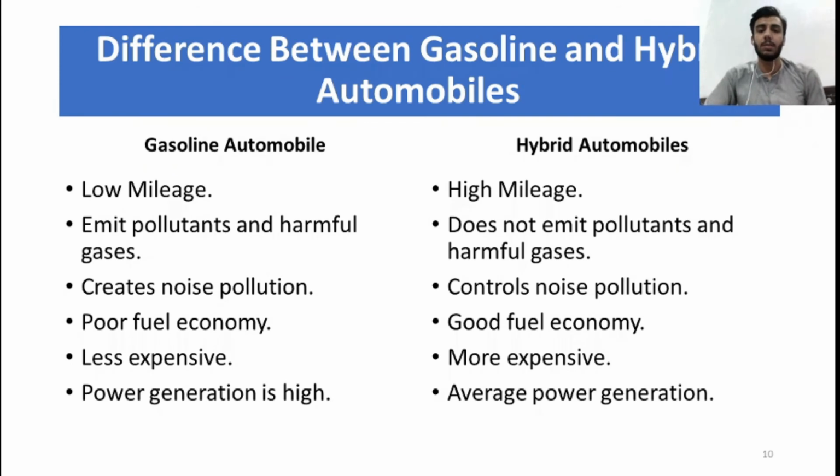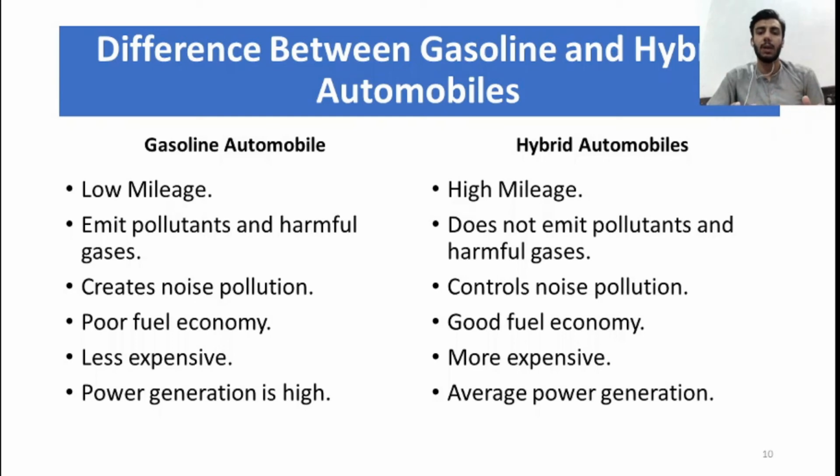To expand our concept more about hybrid automobiles, we have differentiated the gasoline and hybrid automobiles from each other. The table on the screen shows the basic differences which clear our idea about hybrid automobiles. Some of the points mentioned here are already discussed, however some new points are also available, which include the average power generation.